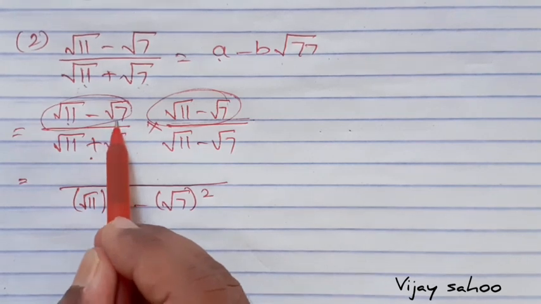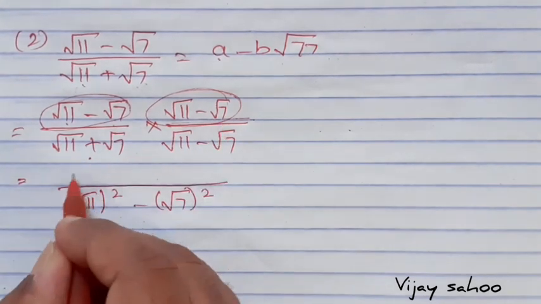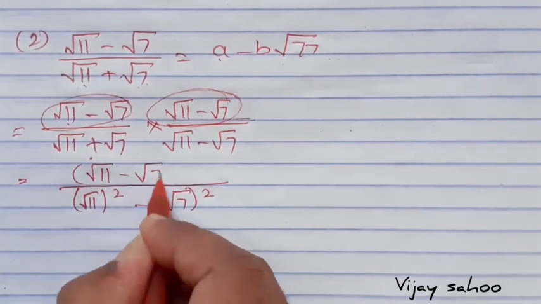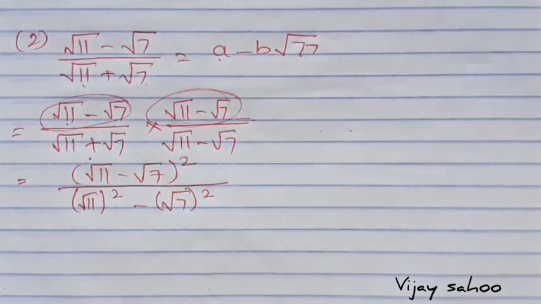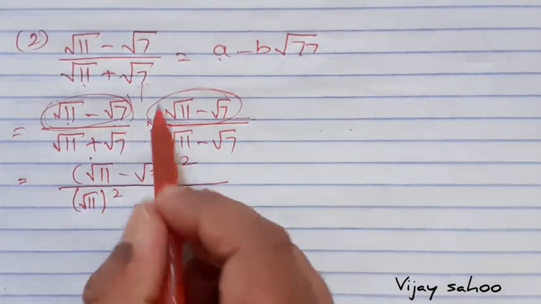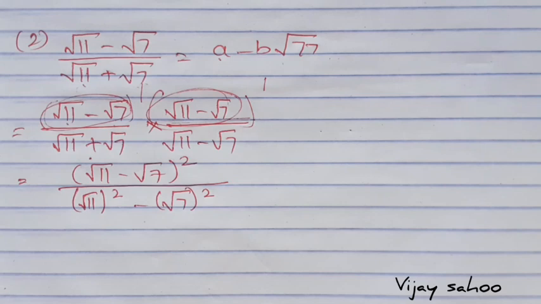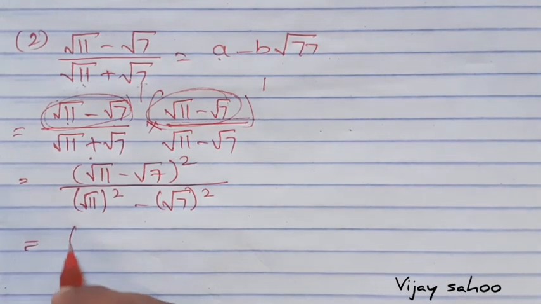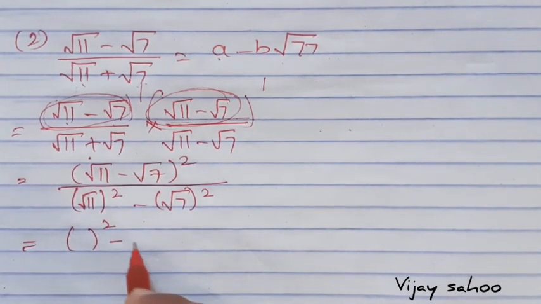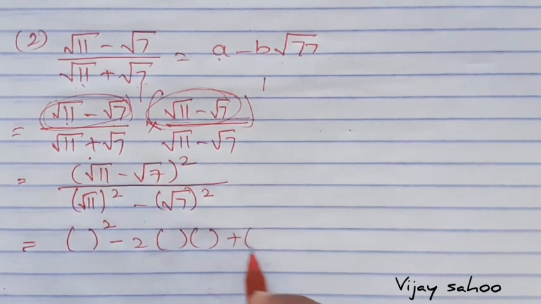Root 11 minus root 7, root 11 minus root 7. So can I write root 11 minus root 7 whole square? Why whole square? Because here it is power 1, here it is power 1, so it will be added up, it will be 2. So now in numerator, can I apply an identity? That is x square minus 2xy plus y square.